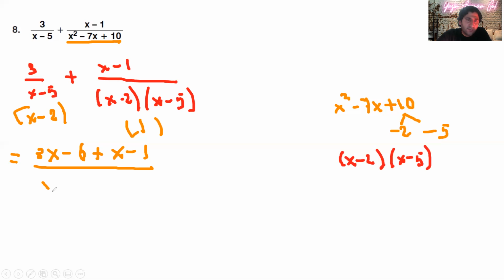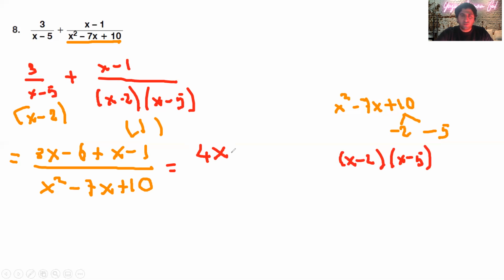So it's going to be x squared minus 7x plus 10. Right, that equals to what? This equals to 3x minus 6 plus x minus 1, right? So 3x plus x, guys, you see 3x plus x is going to be 4x.